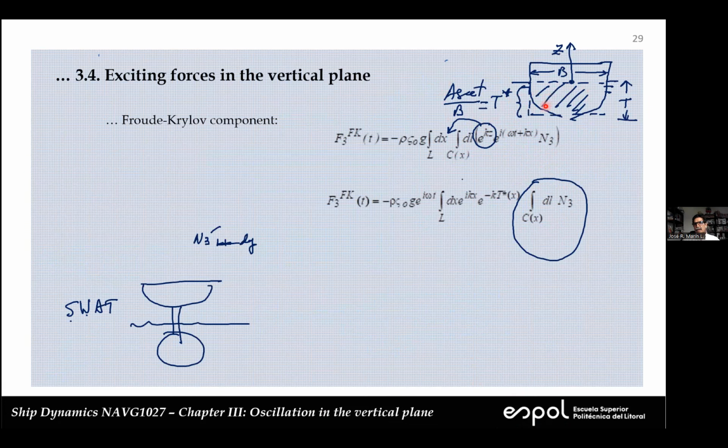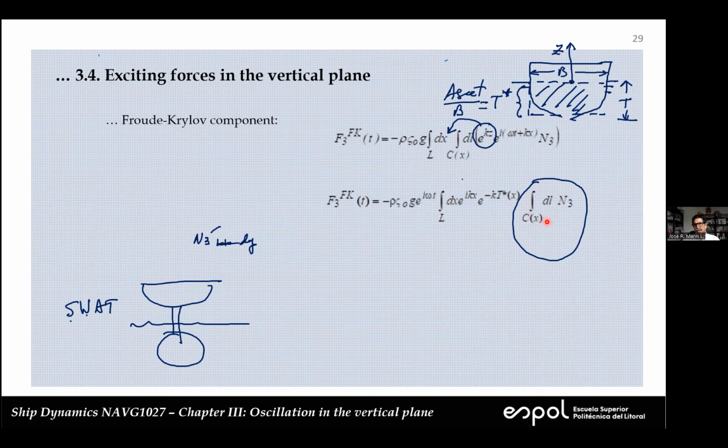You calculate the area of the section divided by the beam of the section, and that's your T star. Now, we have to be careful because here we locate the origin of the reference system. So the z, which goes with this T star, is negative, right? So we cannot forget this negative sign here. But in general, this T star changes with the position, with the section.